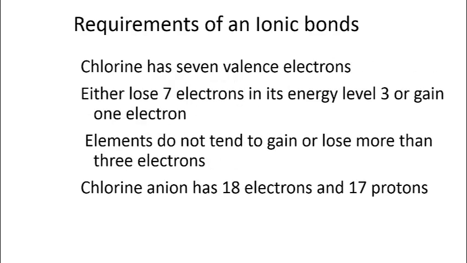Chlorine, on the other hand, has 7 valence electrons. It is in group 7A, so we know it has 7 valence electrons. In order to obtain a full octet, which is 8 electrons, its s and p orbitals will be completely filled.